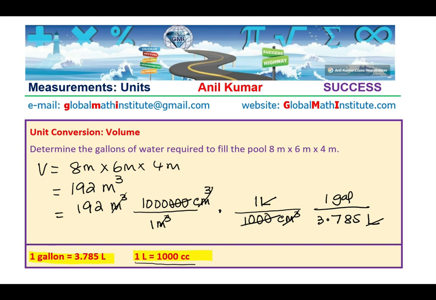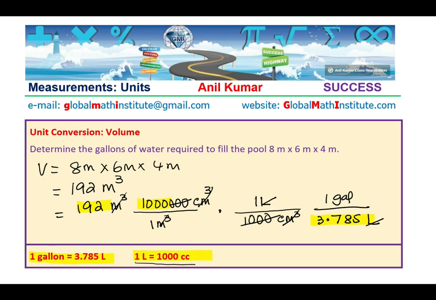Now, let's multiply the terms and get the answer. So, once I do that, I get 192, right? So, I'm multiplying 192 and I can multiply this with 1000 also, right? Times 1000. And then we are going to divide this by 3.785 to give us gallons, right?